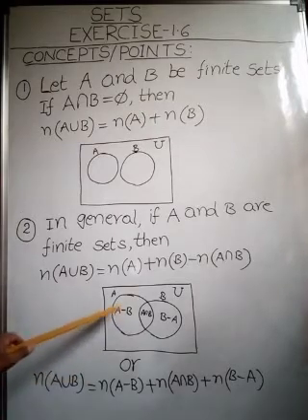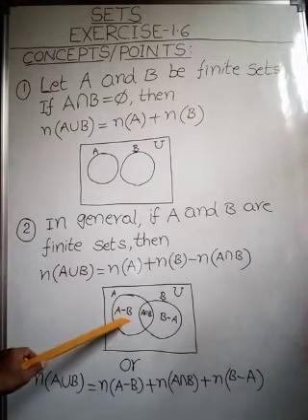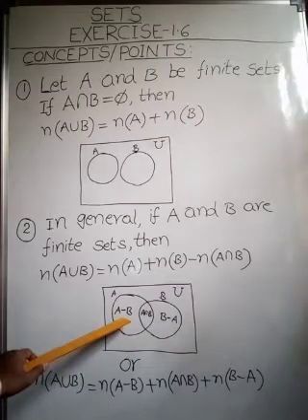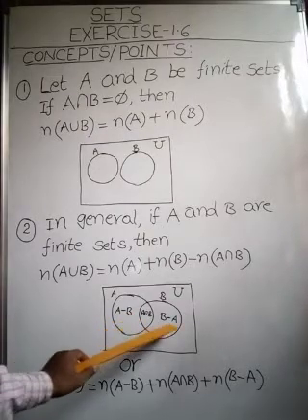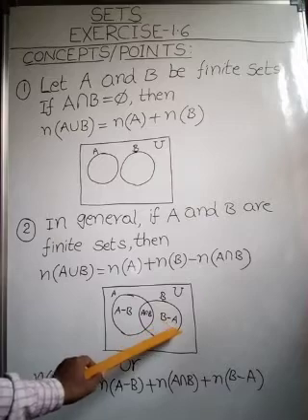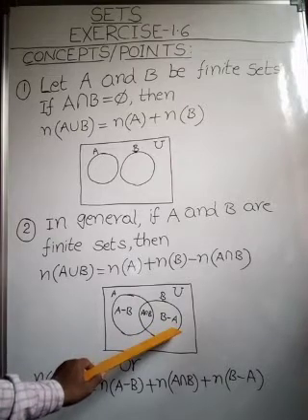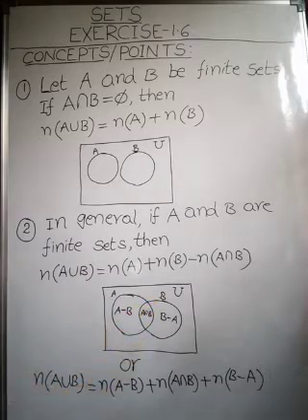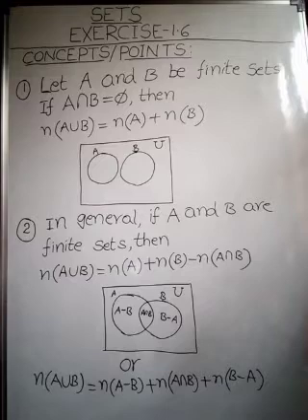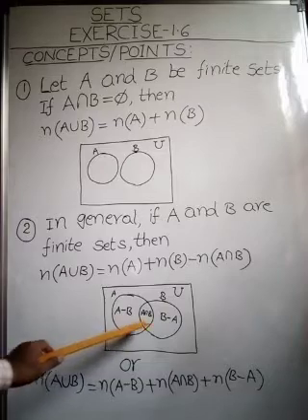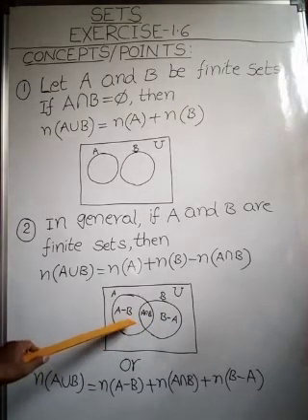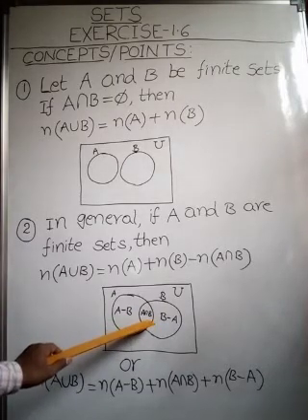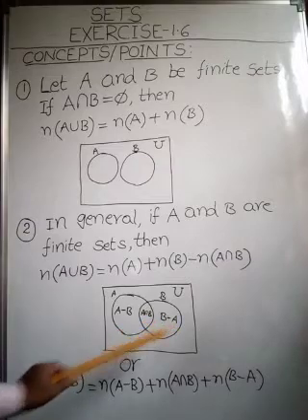See here, only this part denotes A minus B, means A only but not B. And this part denotes B minus A, means B only but not A. And this common part denotes A intersection B, means A and B. Okay, my children. So, if you want to find A union B, we can add this part A minus B, A intersection B, B minus A.